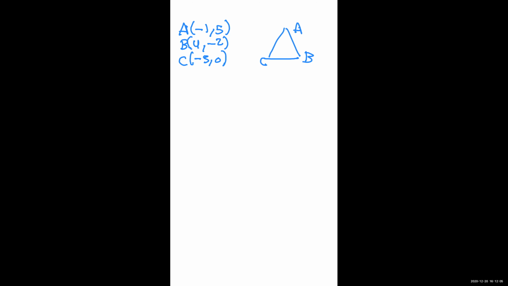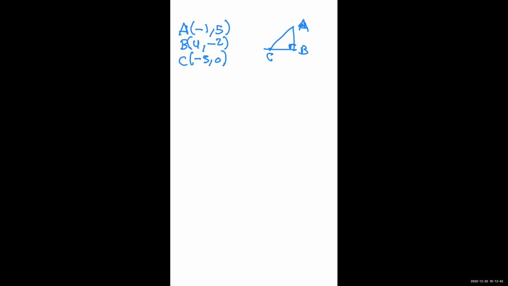Let's draw it accurately, A, B, C. Find the equation of the straight line passing through A, so A satisfies the relation, and perpendicular to BC. Now I will get the equation of AB. So I'm going to get the slope of AB.